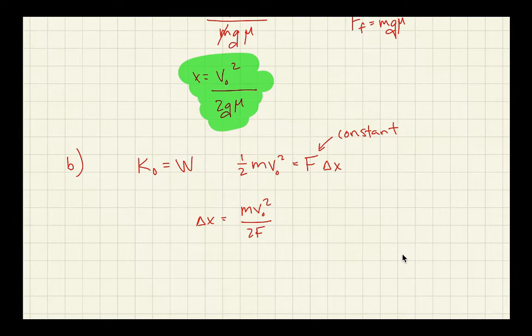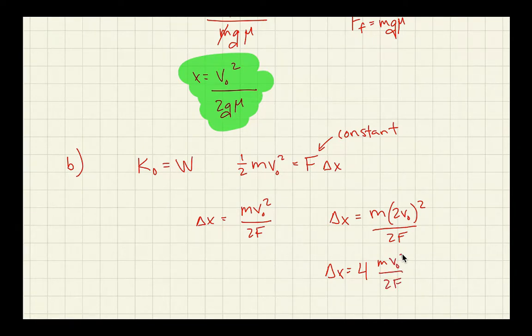Because force is constant, doubling the velocity would quadruple the right side of this equation. Delta x equals m times 2 v naught squared over 2F, which would mean delta x equals 4 m v naught squared over 2F.